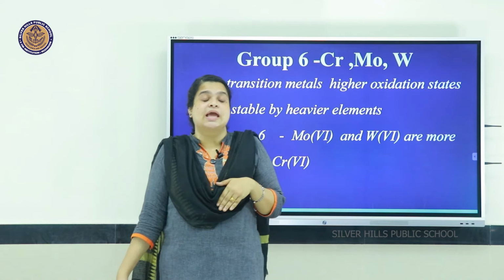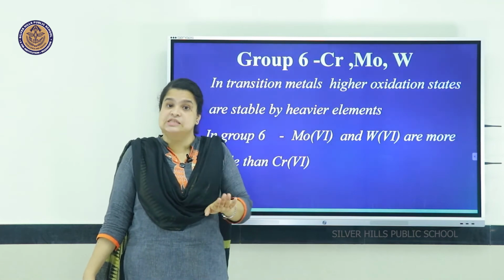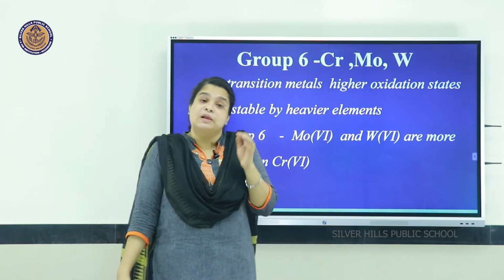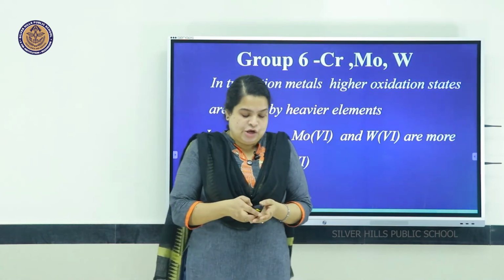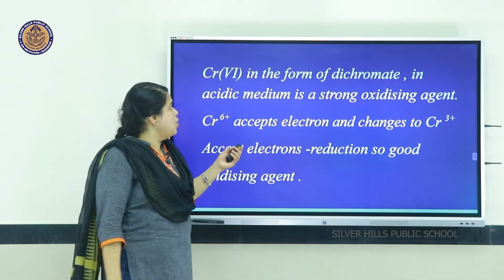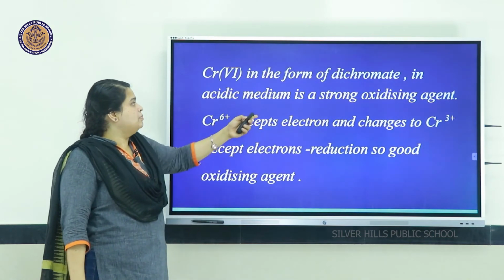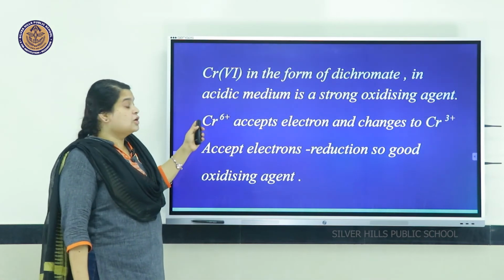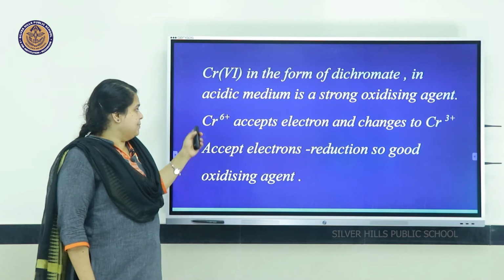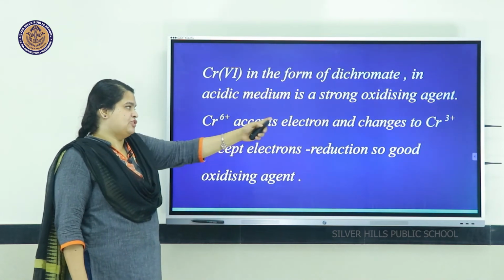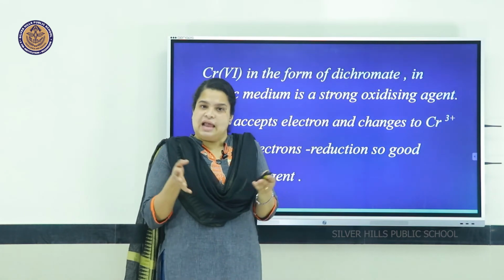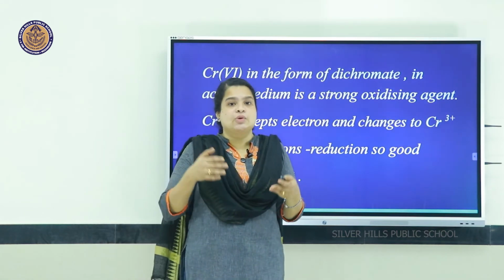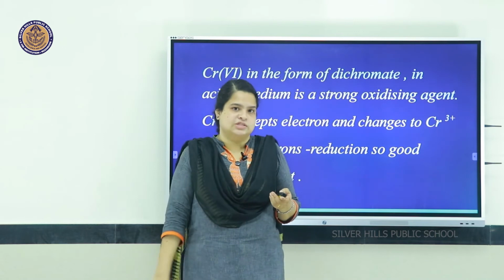It is stable in +6 but more stable in +3. These +6 compounds will undergo reaction and form +3. So we generally say that chromium +6, that is in dichromate, is a good oxidizing agent. +6 accepts electrons and changes to +3. Why is it happening? Because chromium is a lighter element, so it will be stable in a lower oxidation state.